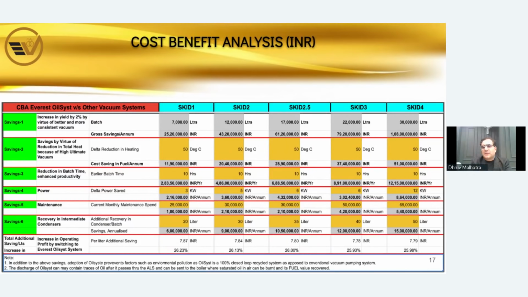Because we were able to provide the customer higher ultimate vacuum, thanks to the high efficiency roots machines that we were using, earlier when he was running the plant at 370 degrees, we were able to reduce his effective heating from 370 degrees to 320 degrees.